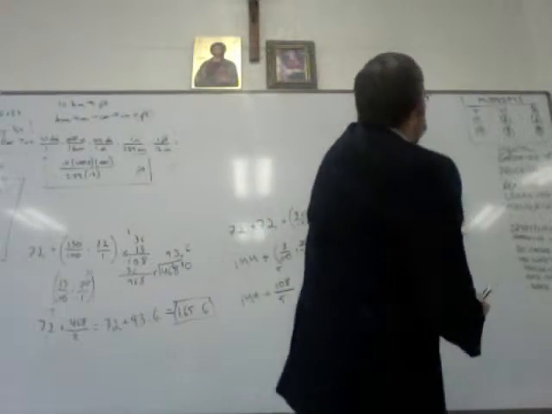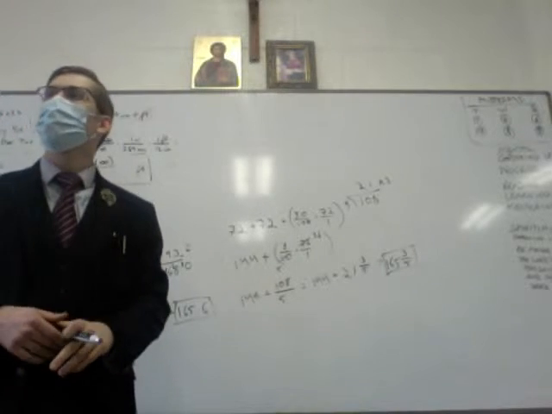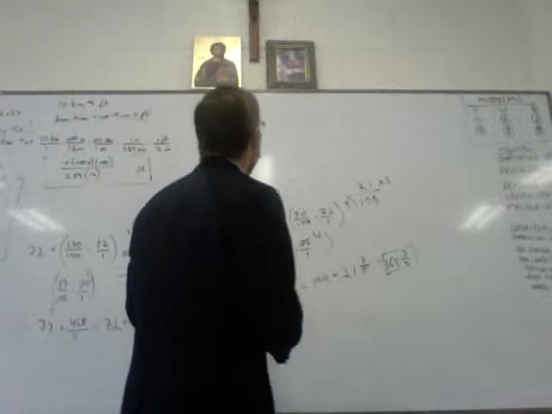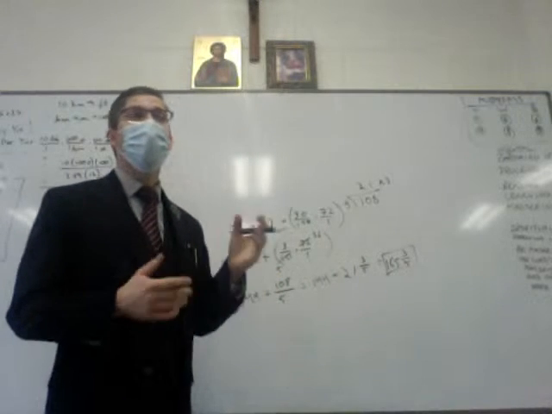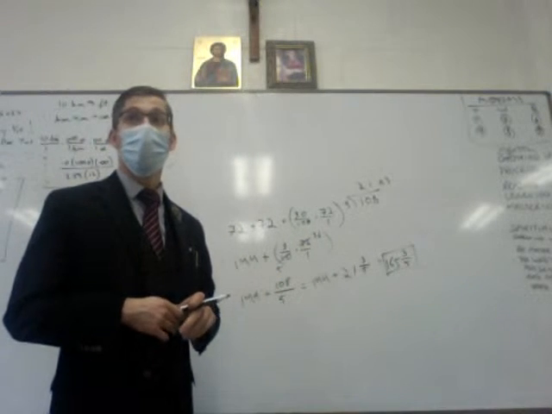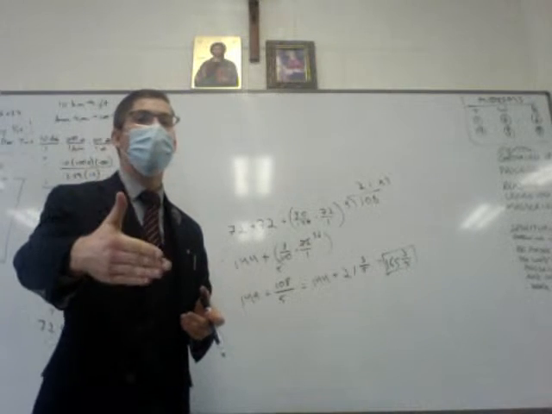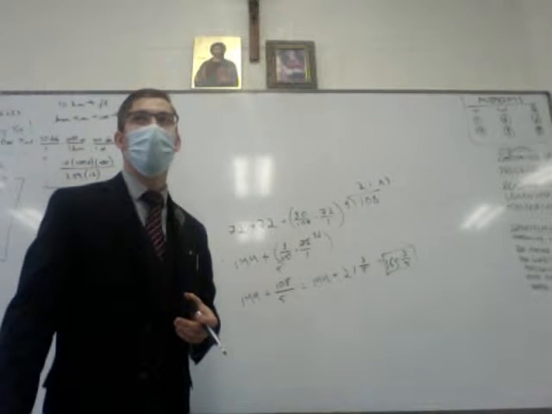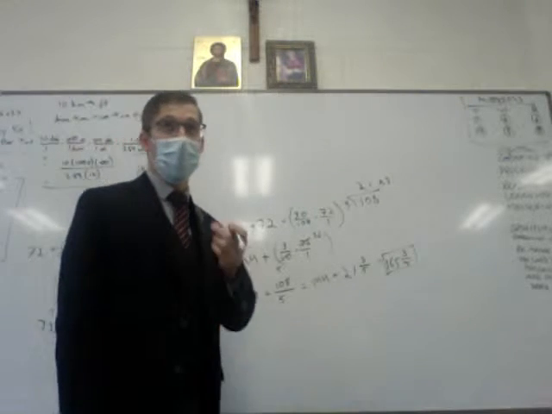Another way that we can skip a step with these ones: if we're increasing it by 130%, what percent of 72 are we going to have at the end of it? What percent of 72 is 72? It's 100%. So if we increase it by 130%, what percent are we going to end up with? We're going to have 230%.